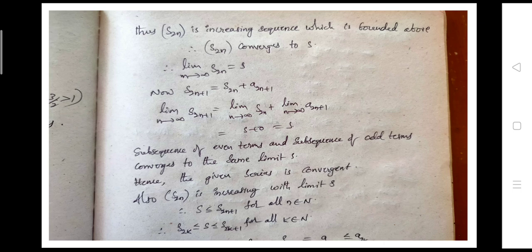Also S2n is increasing with limit S, and therefore S is less than or equal to S2n plus 1 for all n belonging to N. Therefore S2k is less than or equal to S is less than or equal to S2k plus 1 for all k belonging to N.